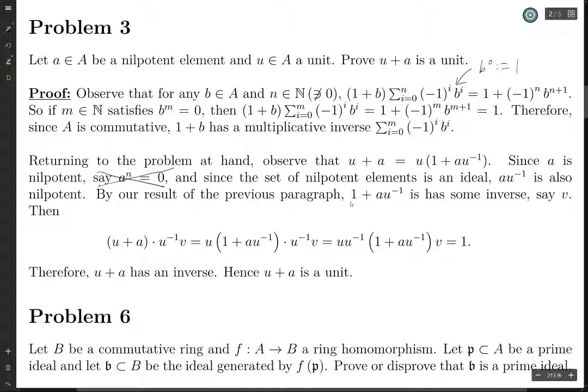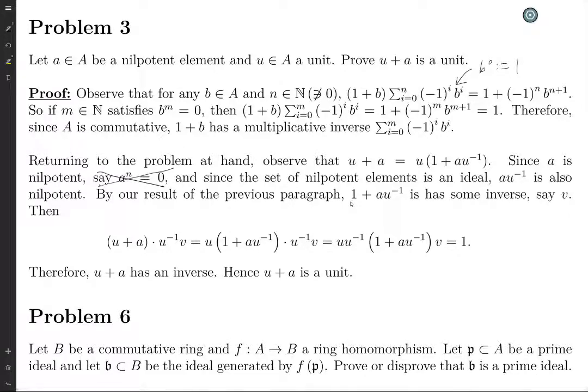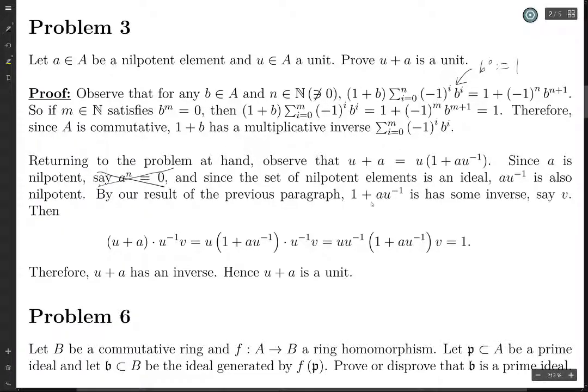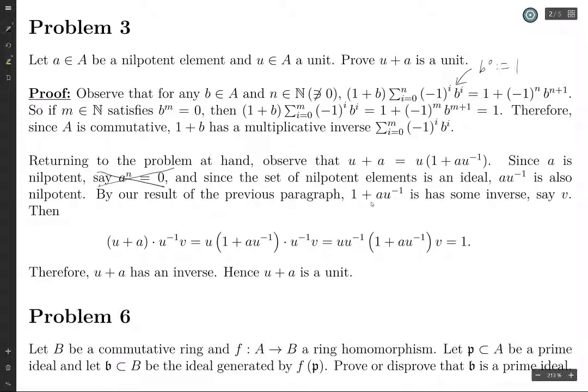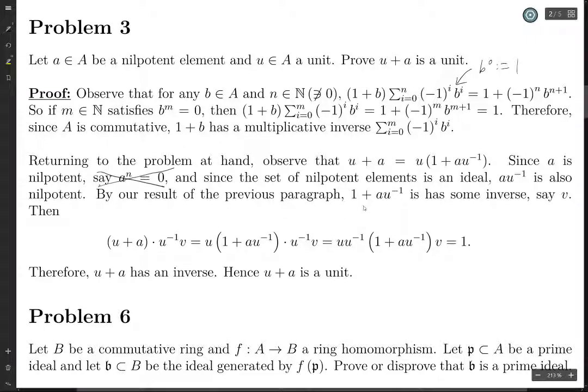We don't need to know the specific form of this inverse because all we use is the fact that it's an inverse, and knowing what it looks like just adds clutter to the proof. So because A U inverse is nilpotent, 1 plus A U inverse has some inverse, which we will call V.